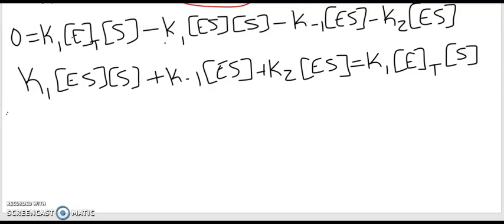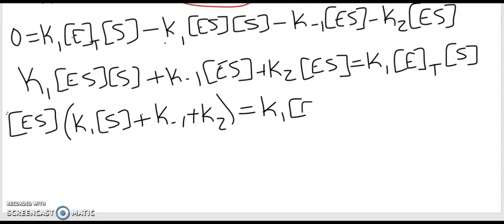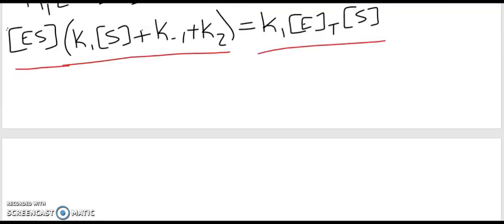And we have ES times (K1 S plus K minus 1 plus K2), close parentheses, equals K1 times E total times S. And then we divide both sides by K1 times S plus K minus 1 plus K2.